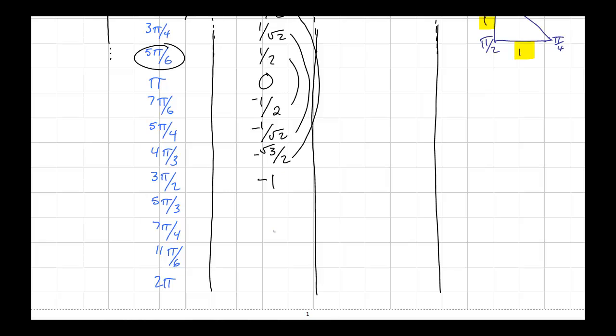Sine of 5 pi over 3 will be negative root 3 over 2. 7 pi over 4 will be negative 1 over root 2, and 11 pi over 6 will be negative 1 over 2. Finally, 2 pi brings us back up to 0.